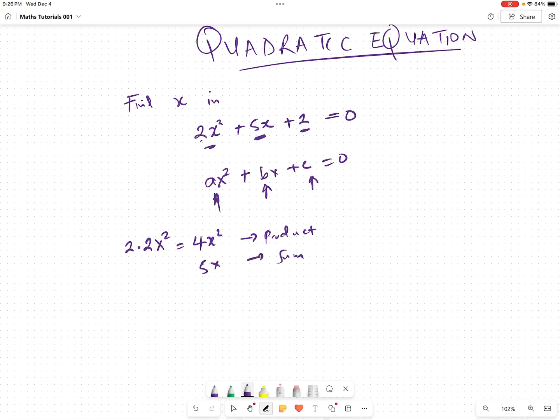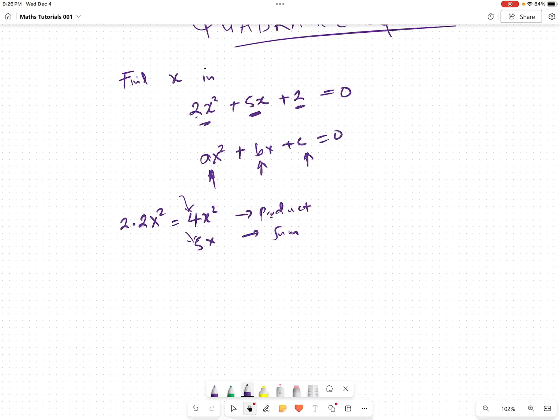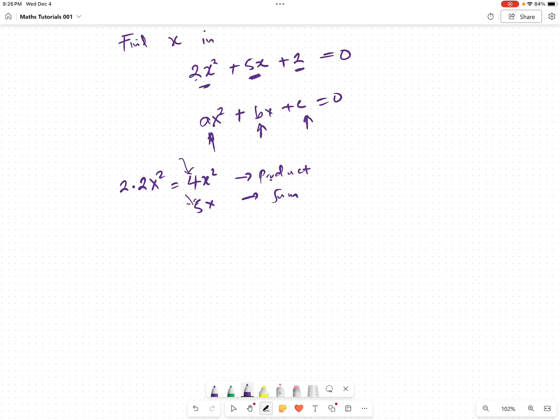So we need two factors that if they multiply, they will give us the product, and if they sum, they will give us the 5x. We're trying to do factorization, that's the technical term.